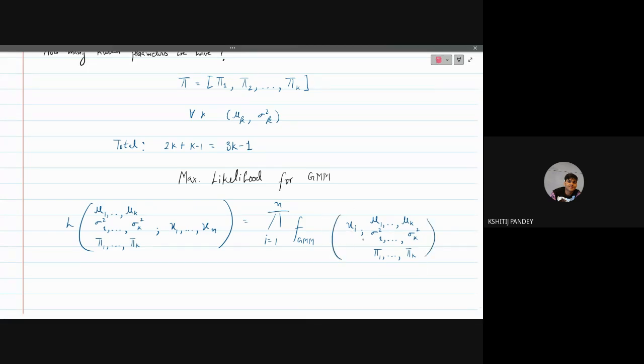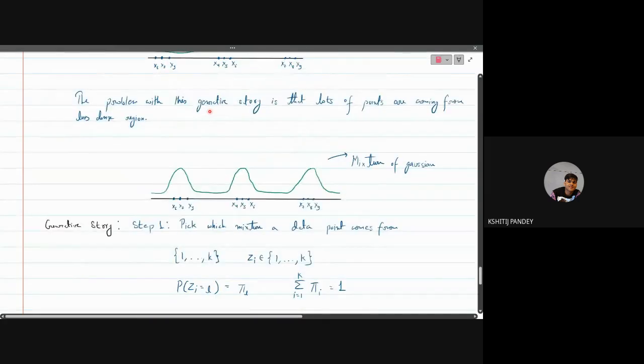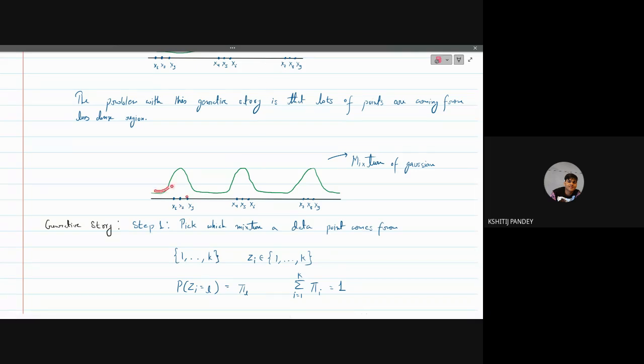Now for any given point, let's say we are talking about this x3. This x3 can obviously come from this mixture, this normal distribution. It has a high density of coming from this, whereas it can also come from this normal distribution as well as this normal distribution. That's also possible.